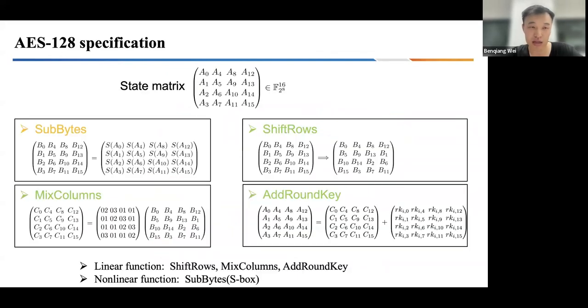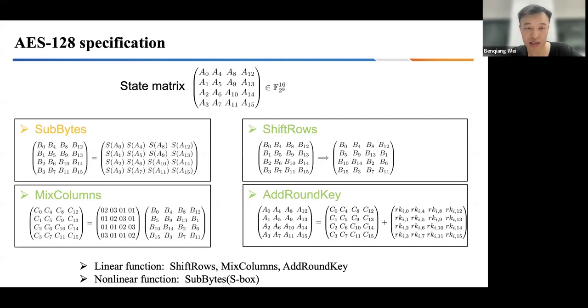Now I want to give a little background about AES. AES-128 consists of 4 operations: SubBytes, ShiftRows, MixColumns, and AddRoundKey. In these 4 operations, only SubBytes is a nonlinear operation, which is an 8-to-8-bit S-box lookup table, while the other 3 operations are linear operations.